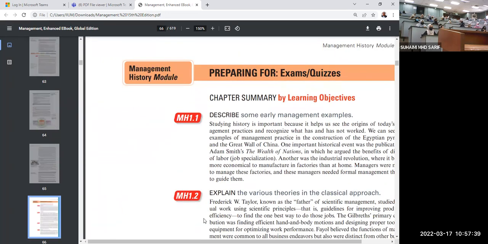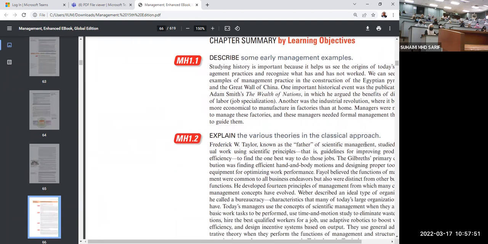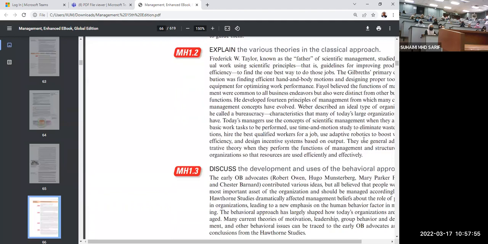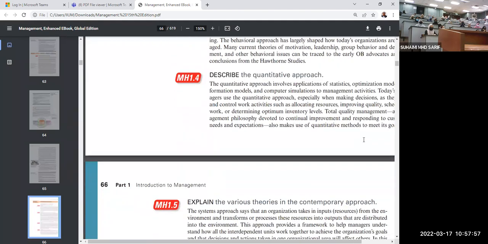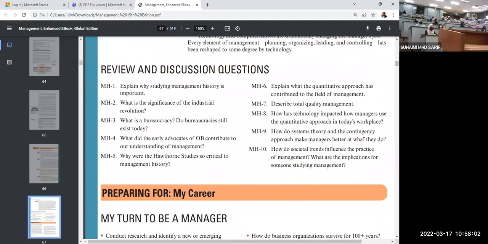Done. I said in the past, after you have gone through the discussion, then you can go back to the summary to recap what actually the main theory is, what actually the key points discussed in this particular chapter, and then try to answer this.